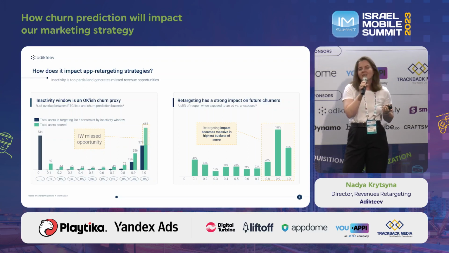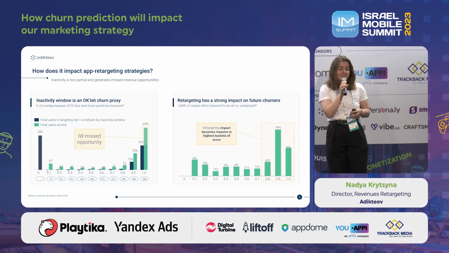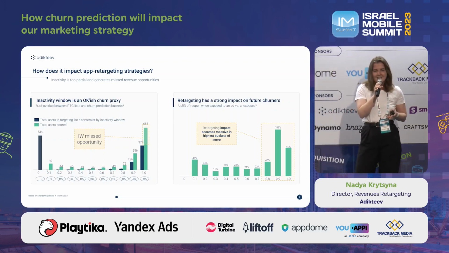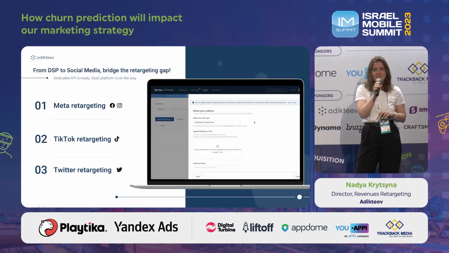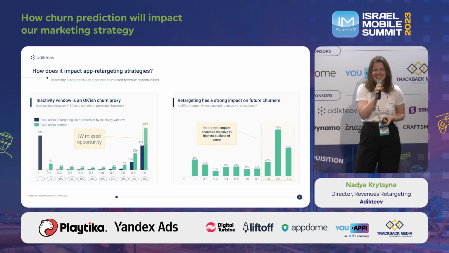On the first slide, in dark blue, you can see the audience of users that is re-engaged by current retargeting activities of this specific client. It's a gaming one. And the green one is the segment predicted to churn. As you see, we have a bunch of users with the highest likelihood to churn not covered by retargeting campaigns.